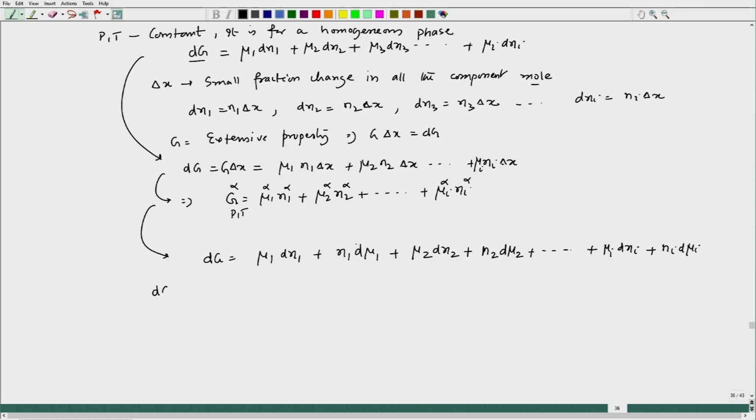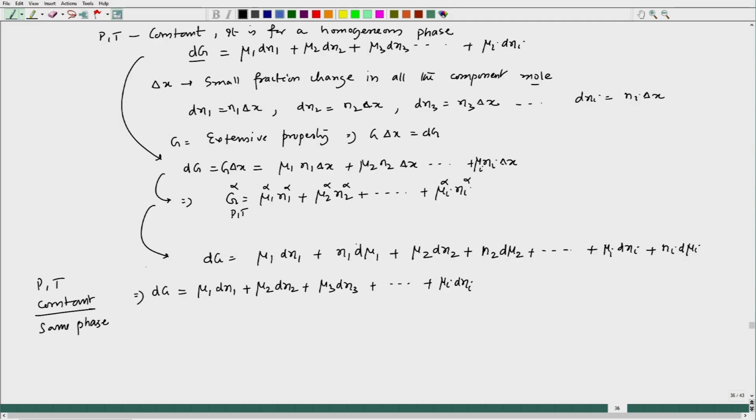I know that delta G at constant pressure and temperature, same phase, would be equal to, we have proven this before.